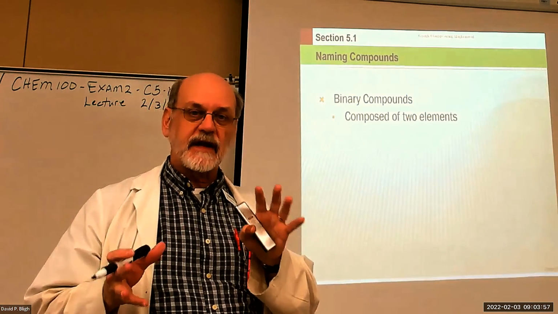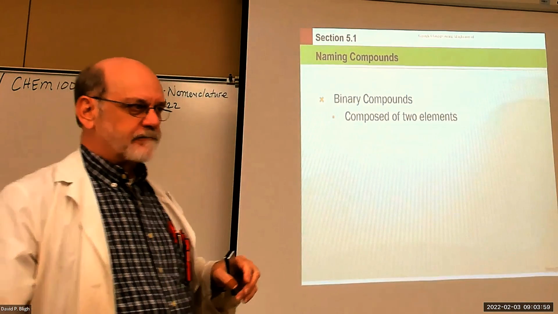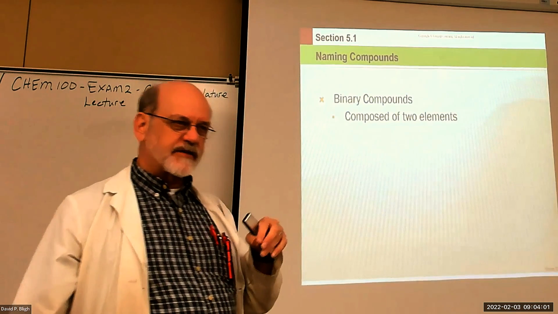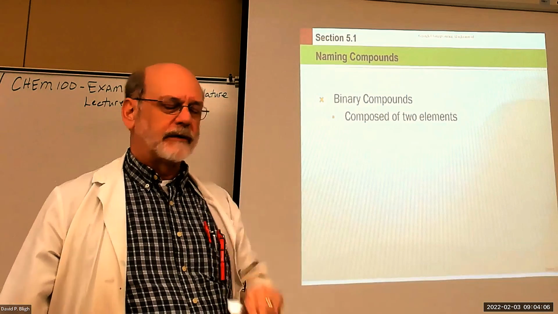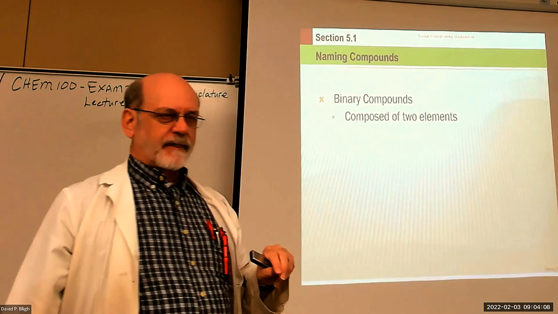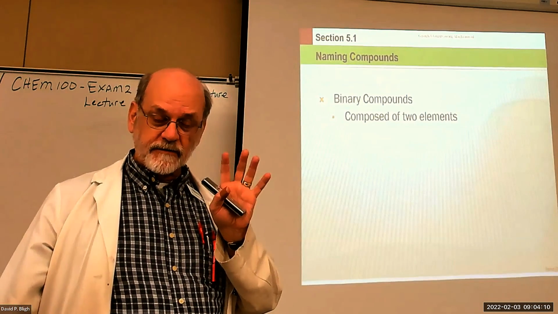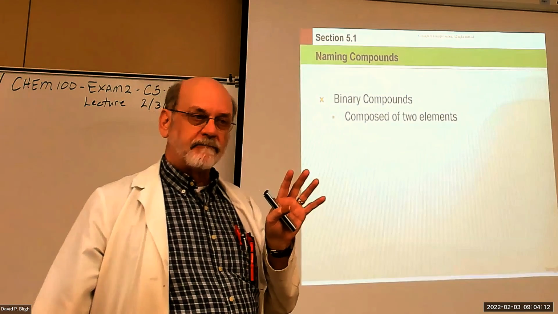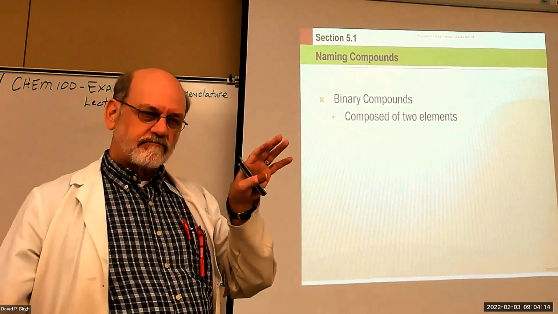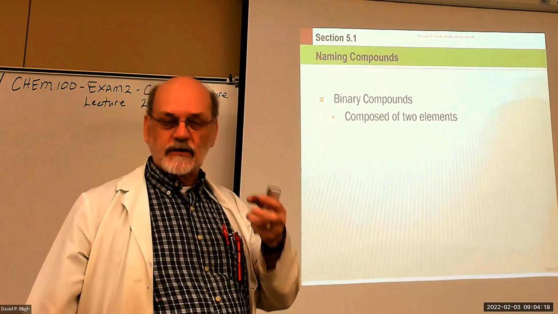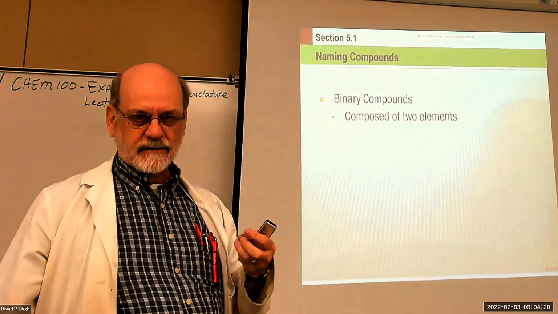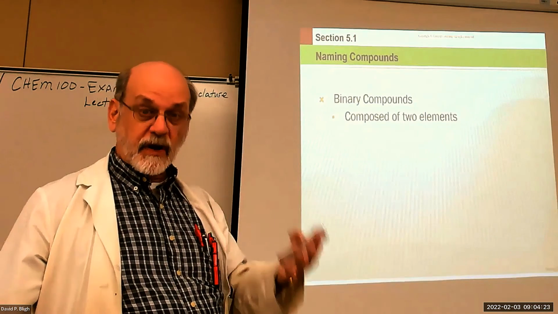It can be periodic table elements, but it's more on the lines of two parts of the whole. And we're going to start off with just elements, of course, but we're going to graduate into, as a teaser, polyatomic components.